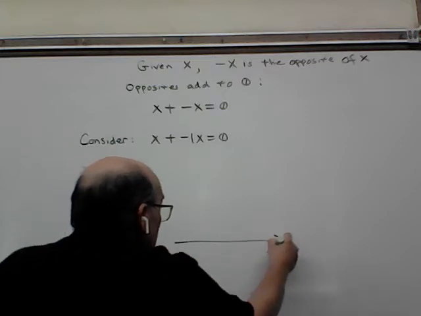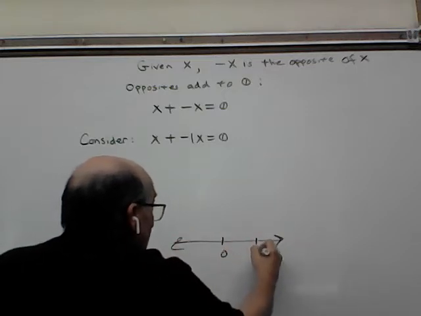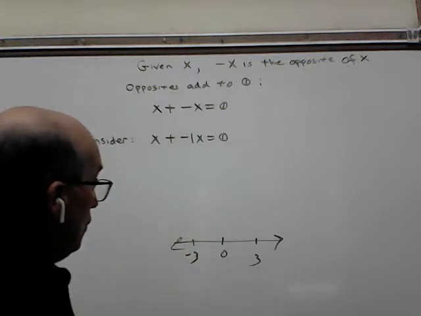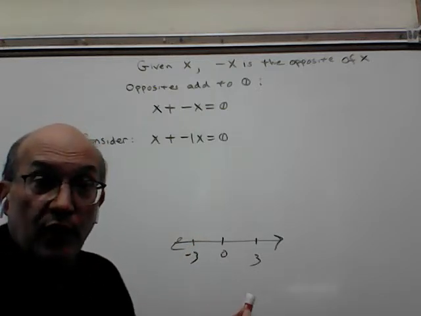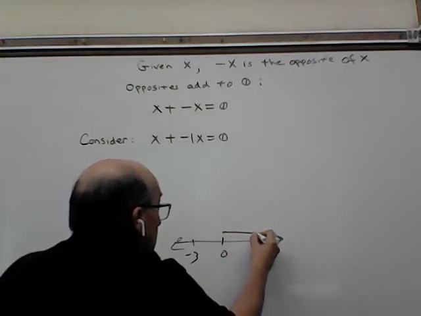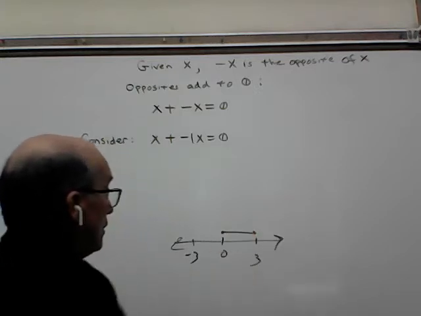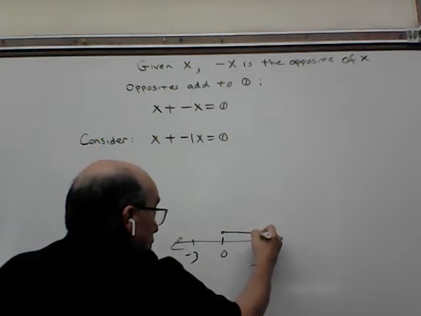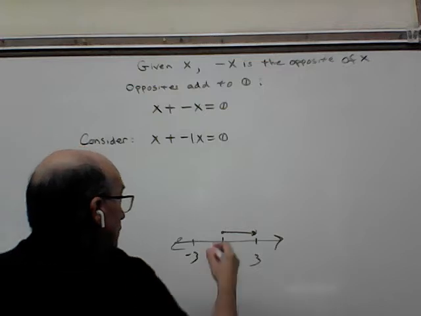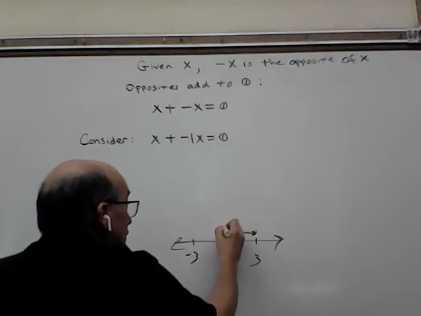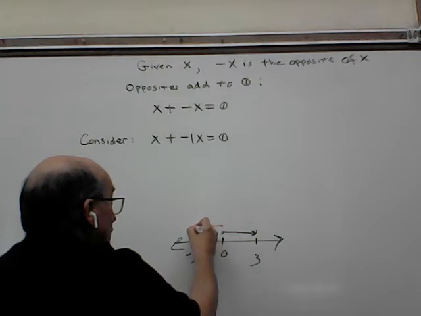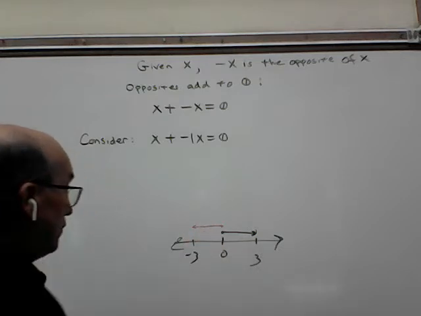And just very briefly, let's say we're trying to add 3 and negative 3. Well, we think of 3 as a vector that begins at 0 and extends to the right so that the arrow there ends at 3. And negative 3 is a vector that starts at 0 and extends to the left and to negative 3.